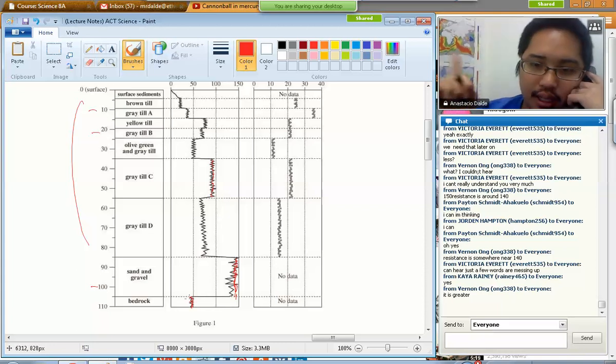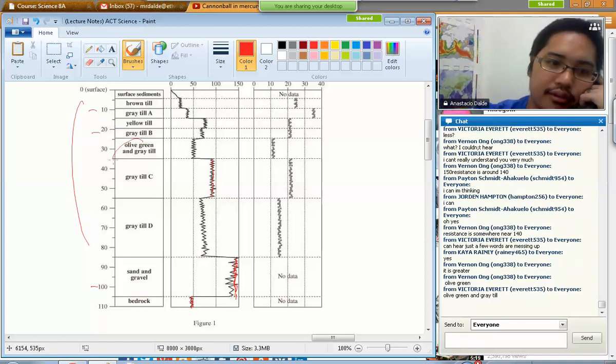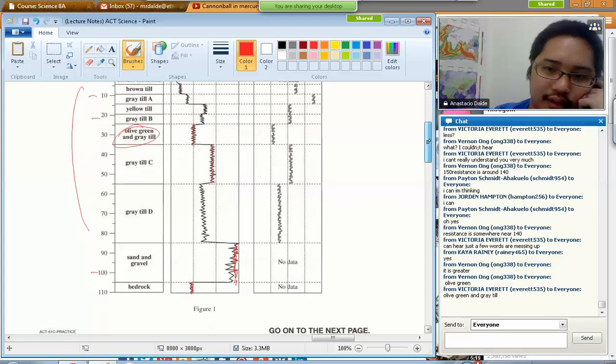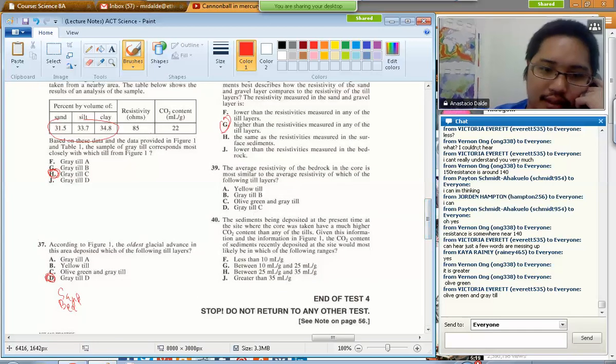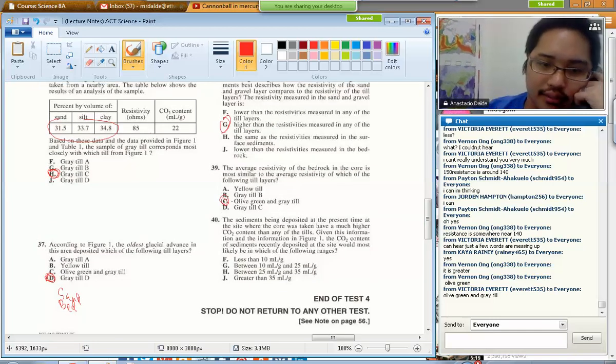What else has a resistivity of 50? The olive green one. Exactly. See? Resistivity of 50. So that answer is the olive green and gray till.